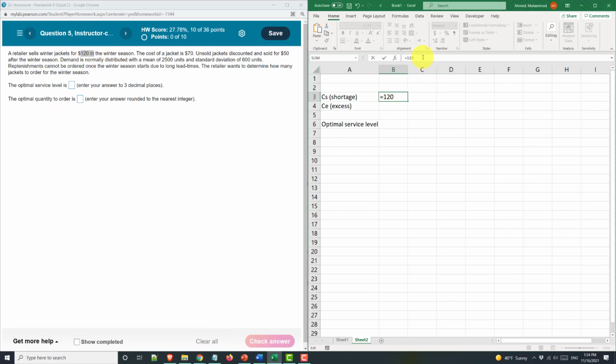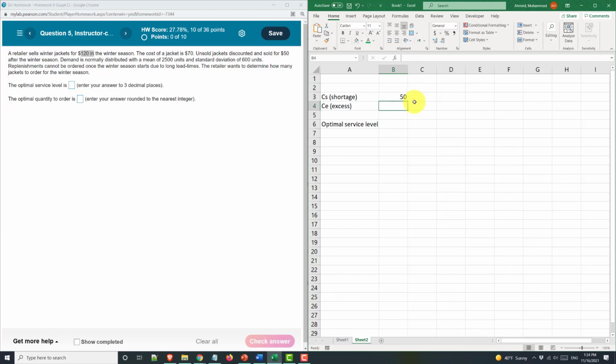And to have that extra jacket in stock, you would have paid $70. So you make $50 a piece when you sell a jacket, and you lose $50 if you have a shortage of one piece, one jacket too few. So if you ordered 99 and demand is 100, you're one short, right? You're one less than the demand, and so you lost $50 of profit.